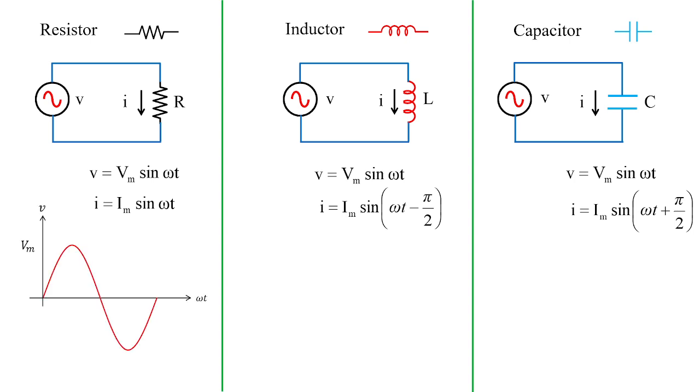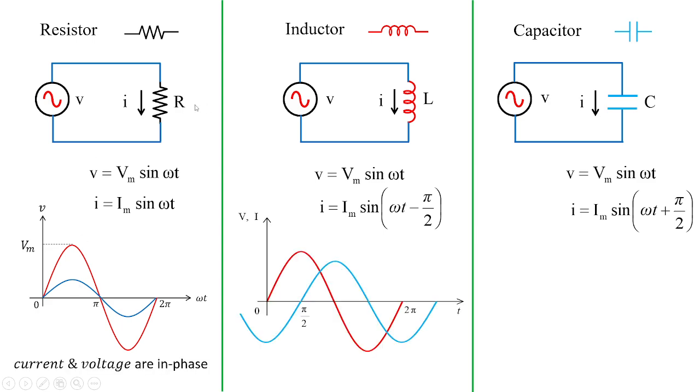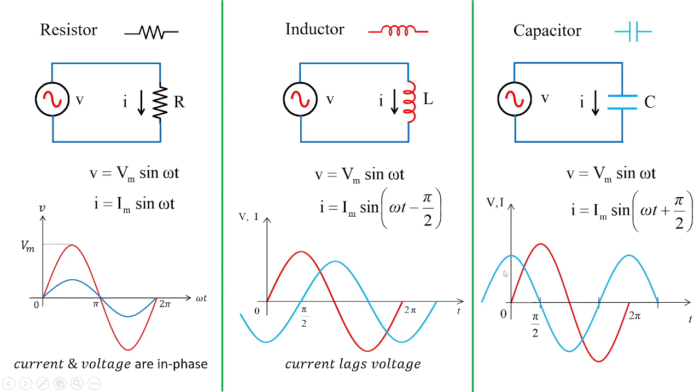Also, we have seen the graphs of phasors, in fact phase diagrams, that is voltage in phase with current or current in phase with voltage in the case of resistor, and in the case of inductor the current lags voltage, whereas in capacitor the current leads voltage.